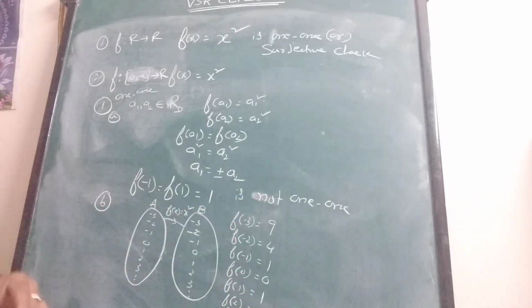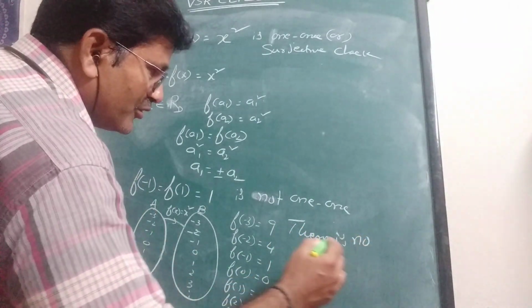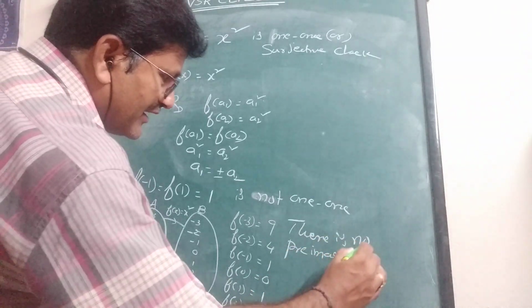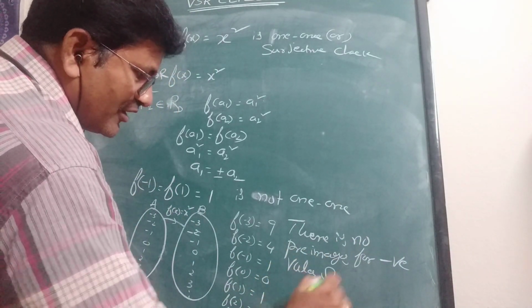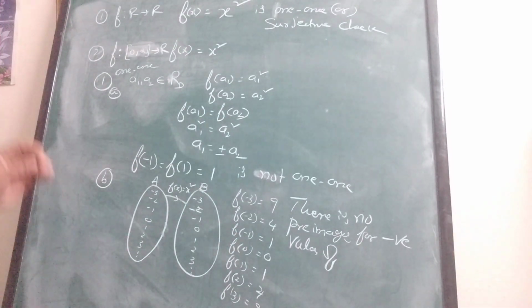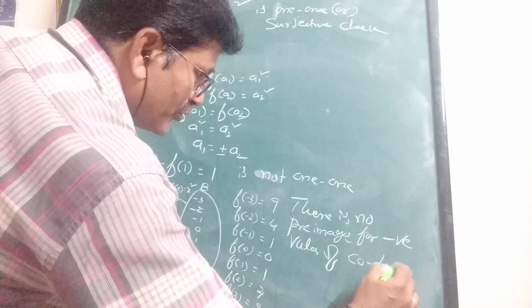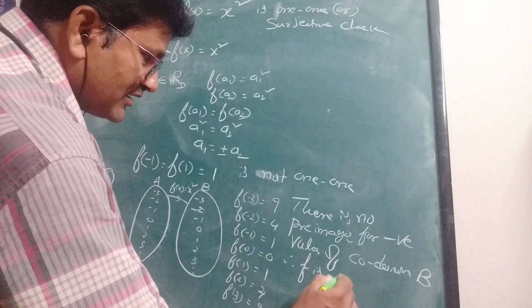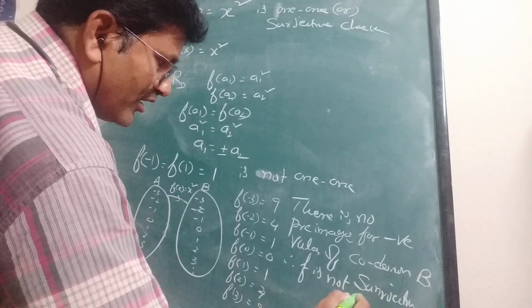Now, there are no preimages for negative values of codomain B. Therefore, f is not surjection or onto.